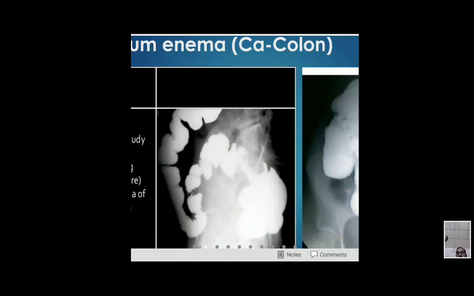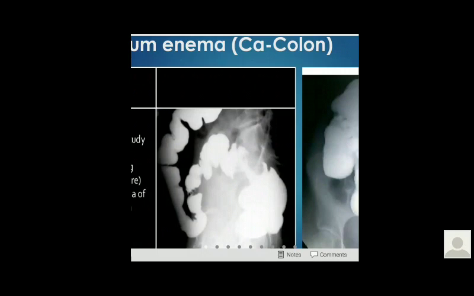So, what is your radiological diagnosis? Colonic growth. Yes, so this is colonic malignancy. How can you confirm your diagnosis?